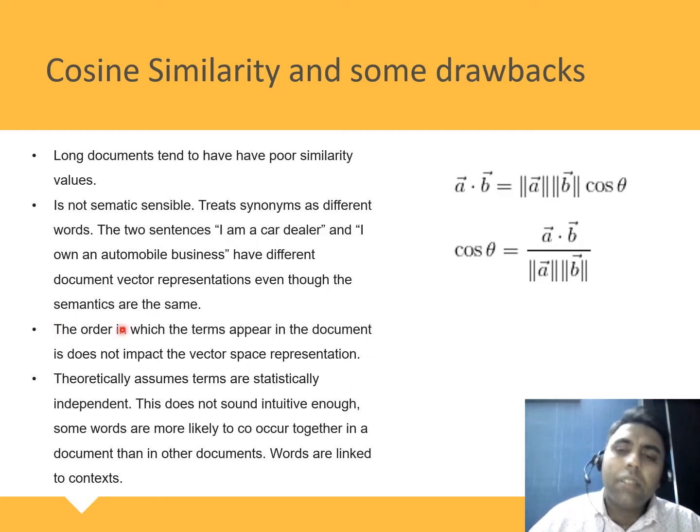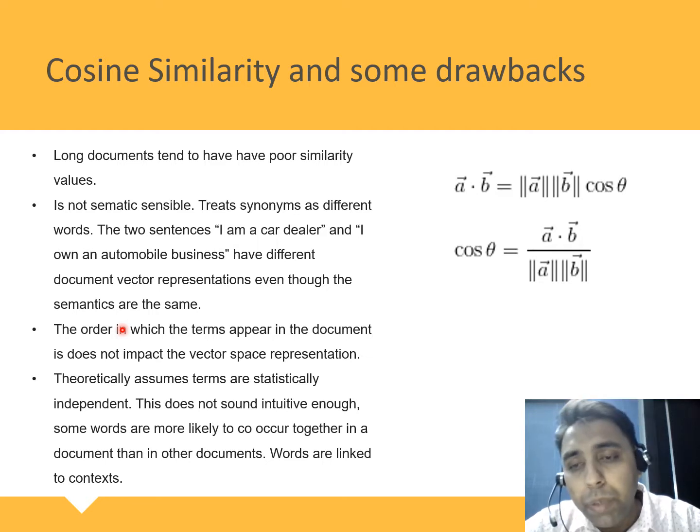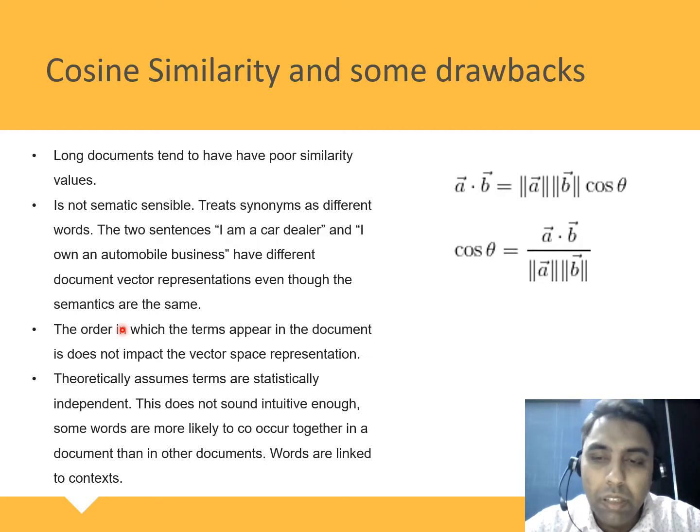And the third thing is that the order in which the terms appear in the document does not impact the vector space model. So it's pretty much order invariant, and some people may call it an advantage rather than a disadvantage, because if you say a sentence in an active voice and then rephrase it in a passive voice, the meaning doesn't change.